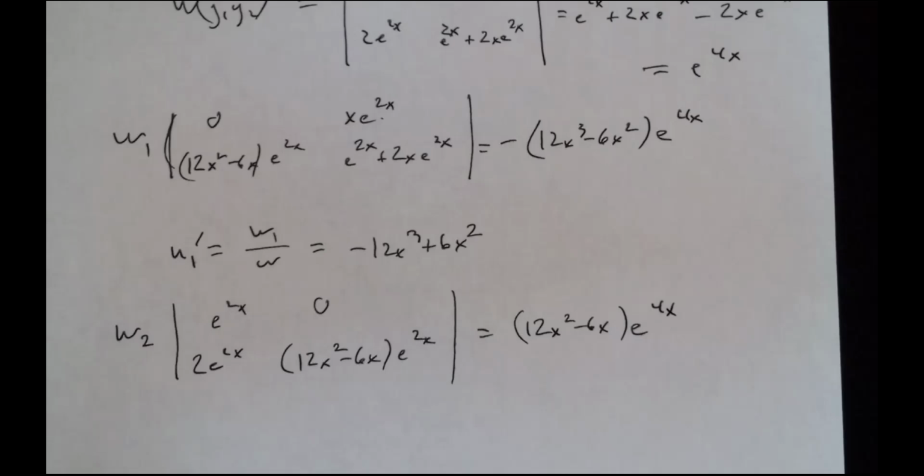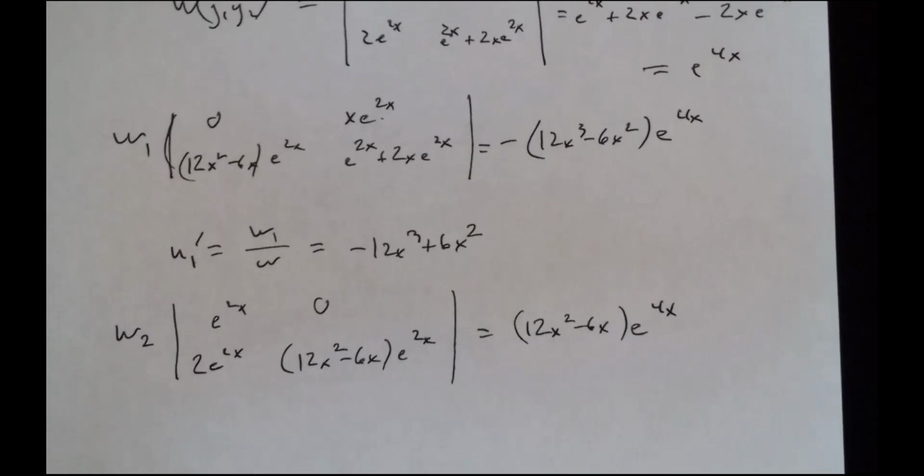So when I get those equations for u1 and u2, the constants should stay there in front of these. Which constants?